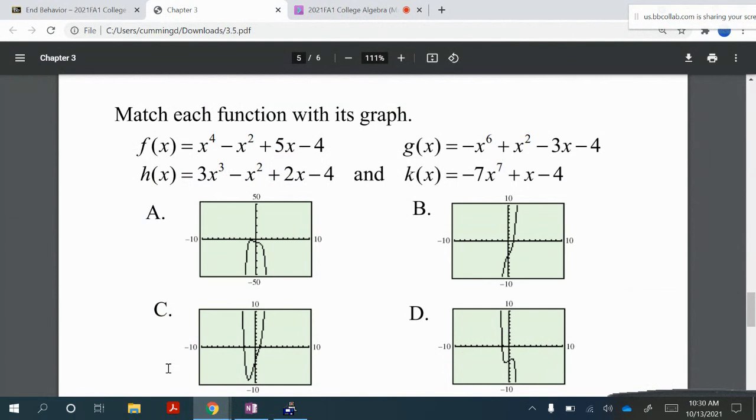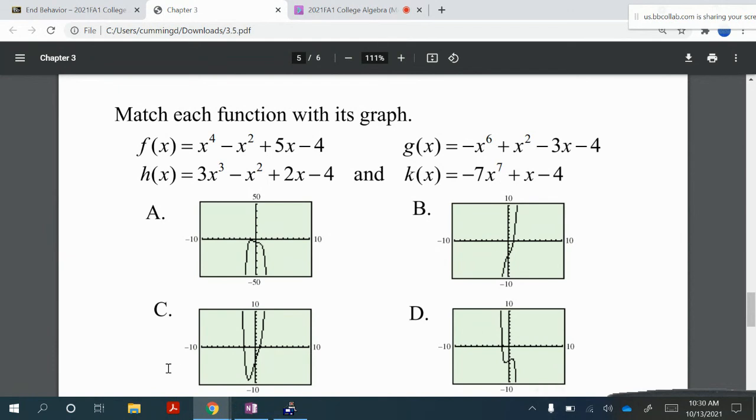For f of x, it's x to the fourth, so that exponent is even. So it's either going to take a U shape or an upside down U. Next, I'm going to look at the coefficient. Since the coefficient is positive, this should take on C, right? It should rise to the left and rise to the right.